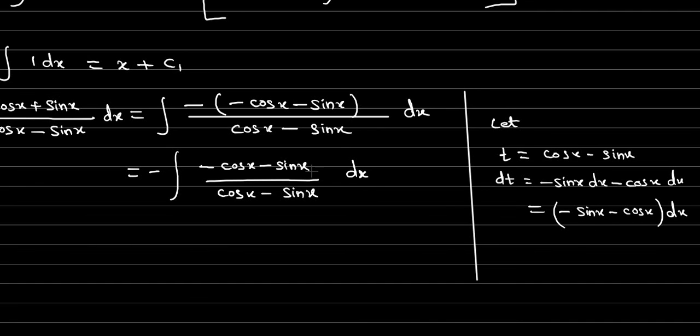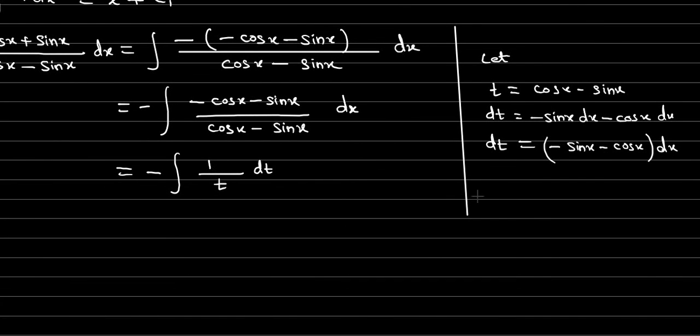That's what we have in the numerator. Now when we substitute, minus integral of (minus cos x minus sin x) dx is only dt. Only the order is getting changed, so that's fine. So this is dt. 1 by cos x minus sin x we have taken as t. Now it is in the standard form.